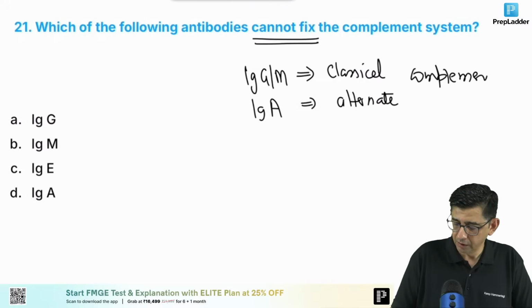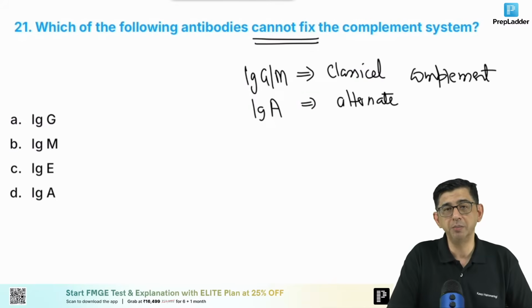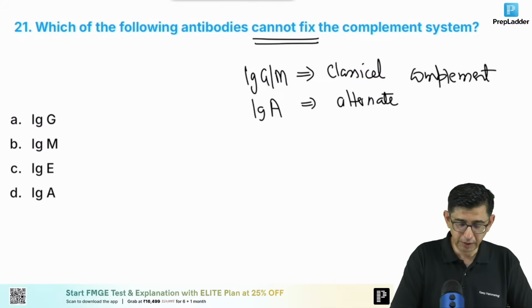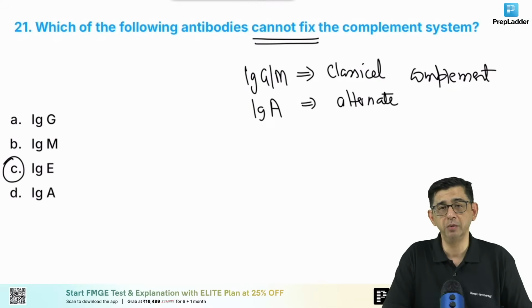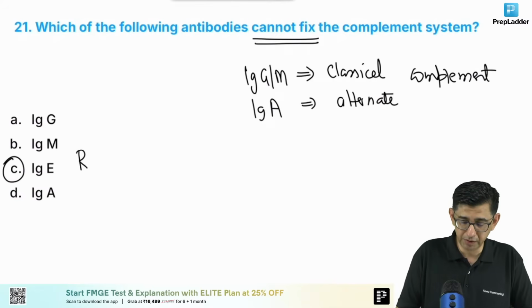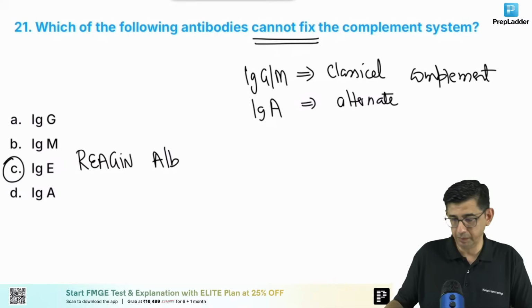But when it comes to not being able to fix complement, it is immunoglobulin E. I said an antibody that cannot fix complement is going to be immunoglobulin E. This antibody is also called the reaginic antibody. The specific name to be remembered is reaginic antibody.